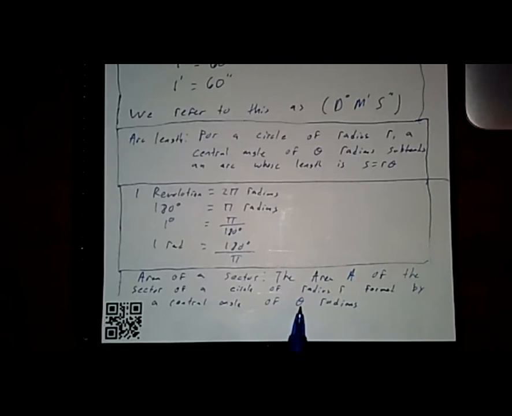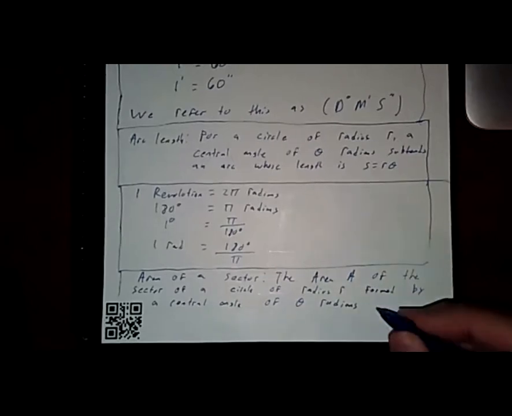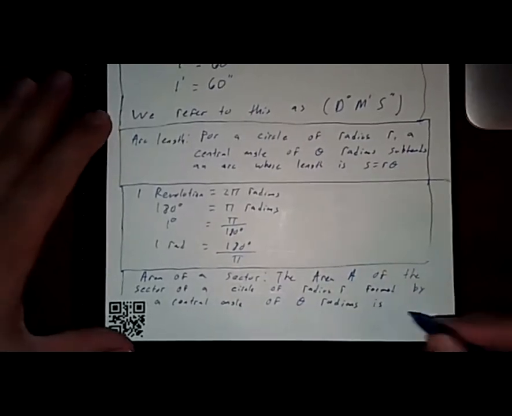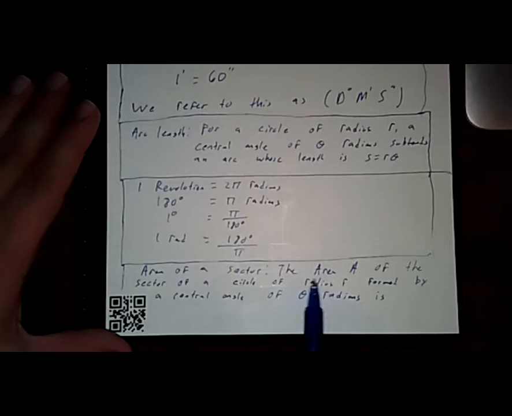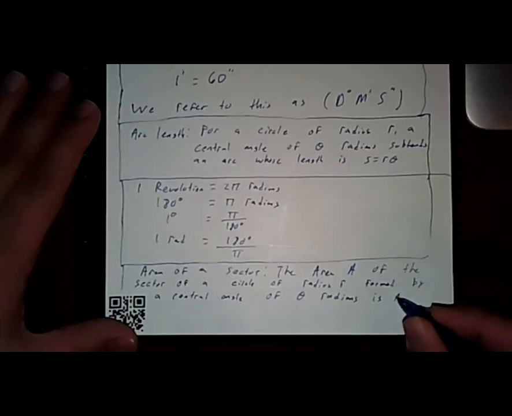Sometimes we use alpha and beta, but this is the most popular one. So the area A of the sector of a circle of radius r formed by a central angle of theta radians is going to be this guy.